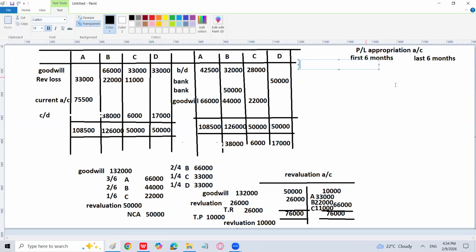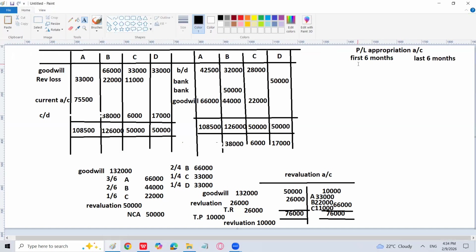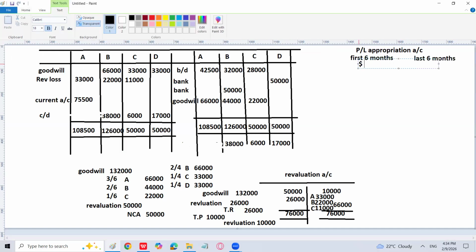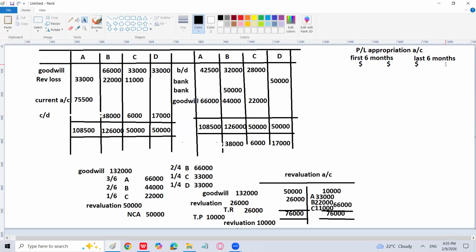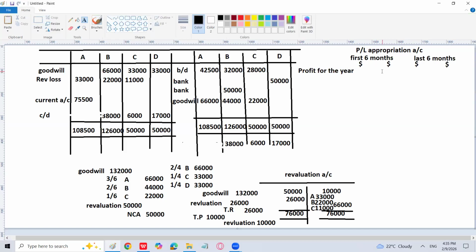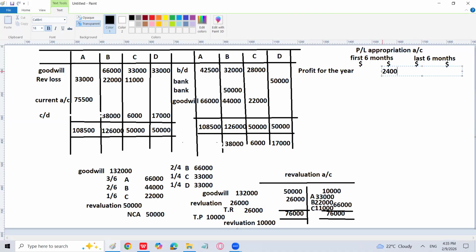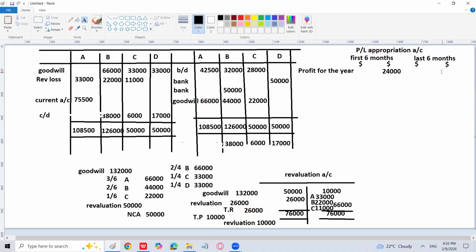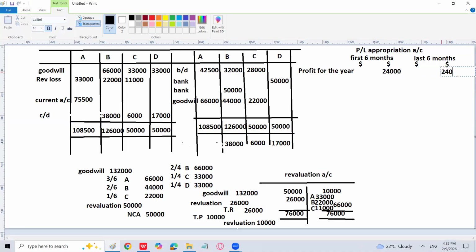Then I am going to write the dollar sign here for both, and the next dollar sign for the last 6 months. And I will start with the profit for the year, which is given in the question. But I have to divide this profit into 6 months equally. So this will be 24,000 for the first 6 months and 24,000 for the last 6 months.